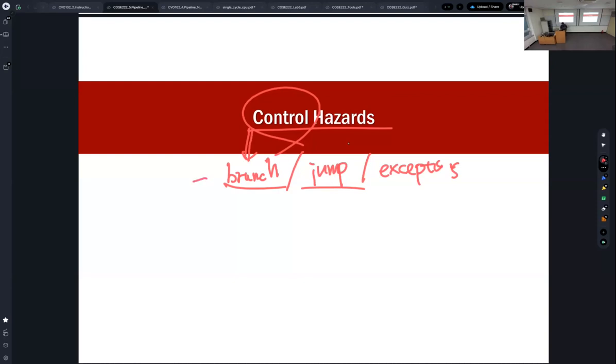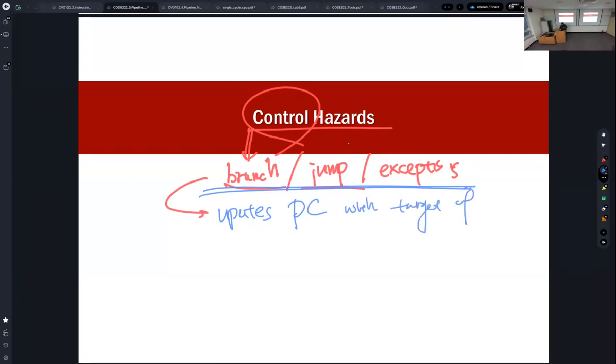The common behavior of these instructions is that they update the PC with the target of the branch, jump, or exception. When instructions are executed in the processor, we just increase the PC by 4.